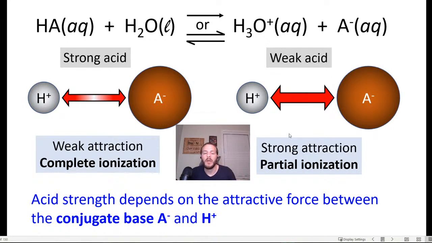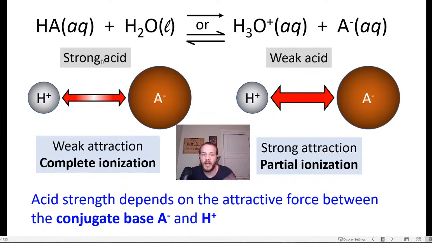Now, the origin of acid strength all depends on the interaction, the attractive force between the conjugate base, which according to this formula we're calling A-, and H+. So it's all about the interaction between the conjugate base and H+. If that interaction between the conjugate base and H+ is a weak attraction, then you have a strong acid, right?